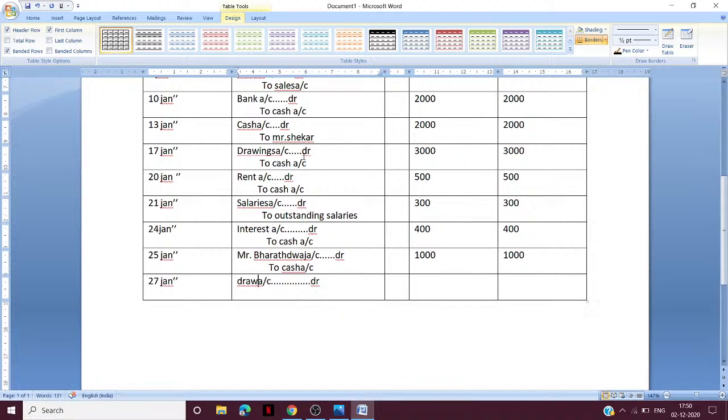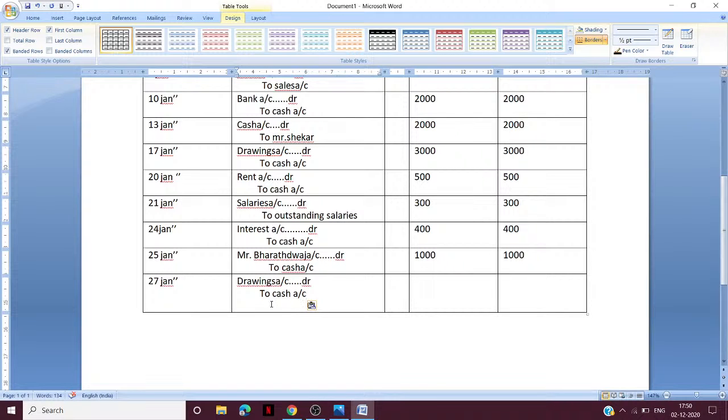As you can see here, same transaction, but instead of cash, we'll get goods account. That's it. No changes here. What is the amount? 500 on both the sides.